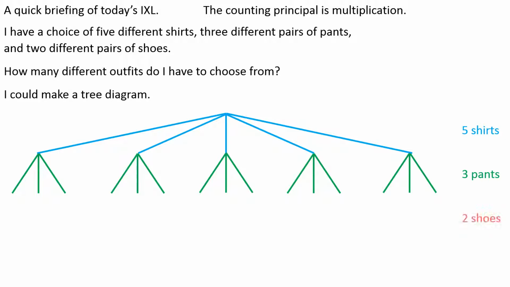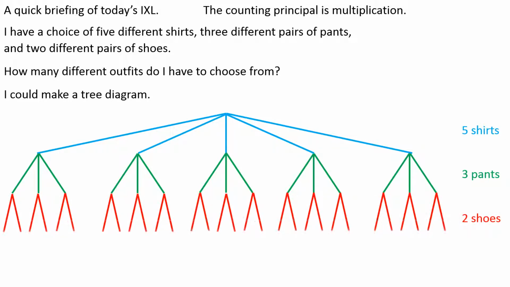Finally, which of my 2 pairs of shoes. And then I can count. Or I can say, hey, you know what? Instead of trying to count all those ends of all those branches, 5 times 3 times 2 is 30.